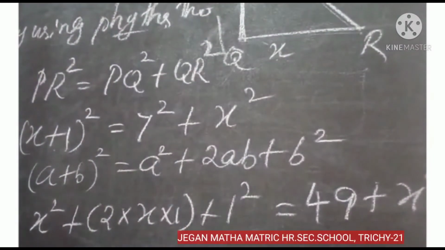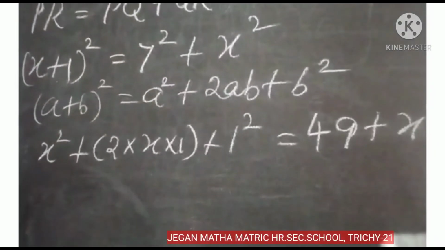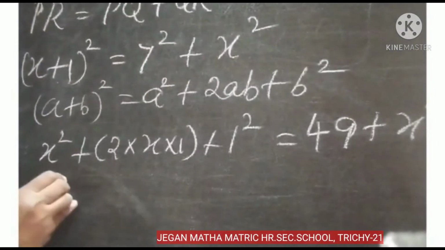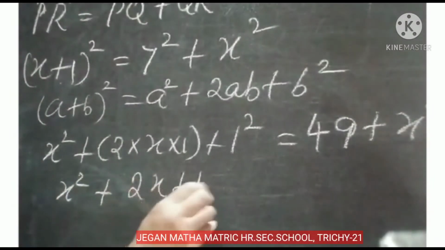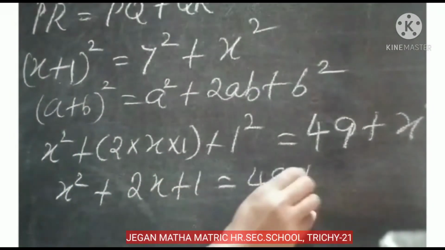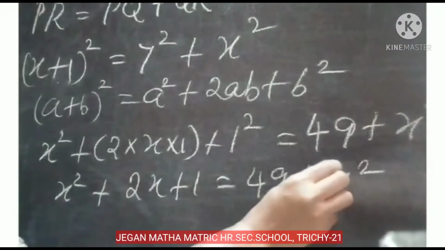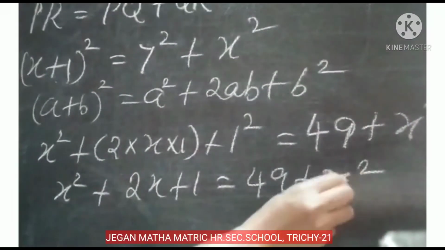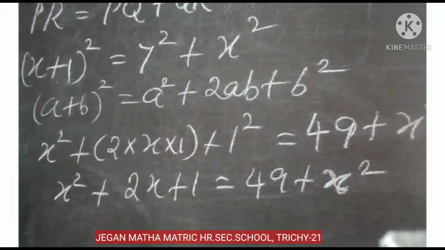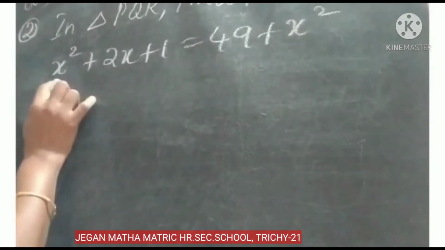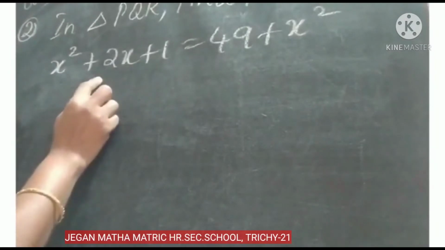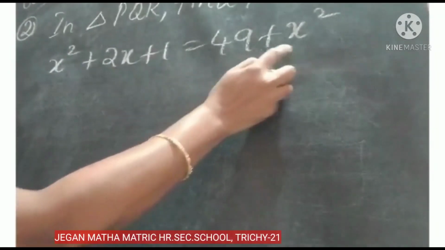Now you can expand this one. So that is x square plus 2x plus 1 equal to 49 plus x square. You have to simplify this equation and find the value of x. On the LHS x square plus 2x plus 1, on the RHS 49 plus x square.